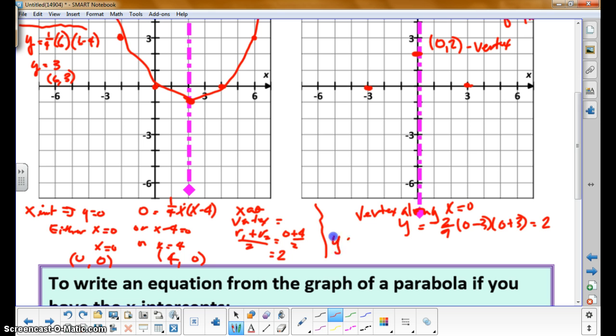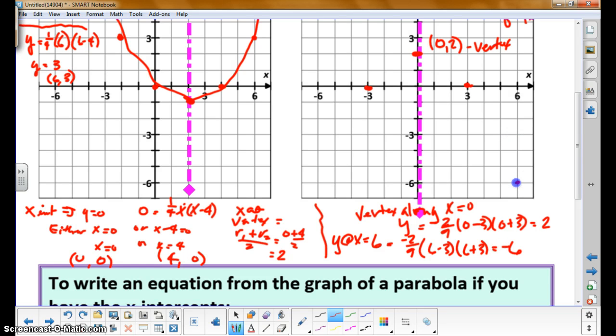So y at x is equal to 6 is negative 2/9 times 6 minus 3 and 6 plus 3. And so that's a 3, that's a 9. So that 9 and that 9 cancel out. And I'm going to encourage you to do this systematically for yourself. But that's a 9, that's a 9. And so negative 2 times a positive 3 is a negative 6.